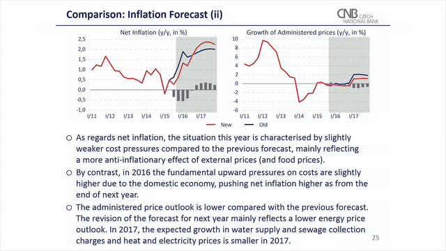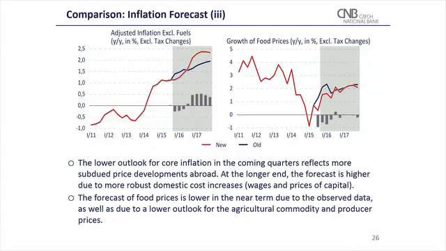In 2017, it's a combination of decreases in several items of the administrative price basket, which are listed on the slide. As regards core inflation, the projection is lower in the near term, reflecting an ongoing and deeper than expected decline in producer prices in the euro area.